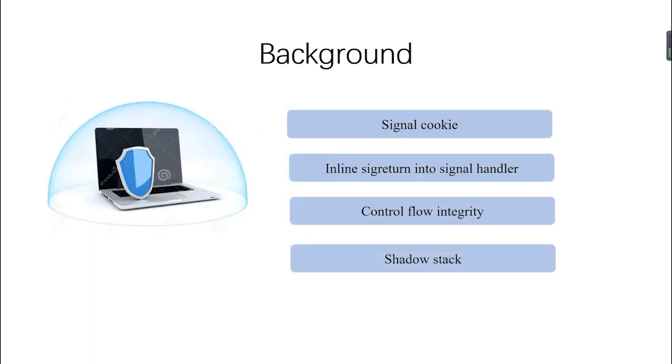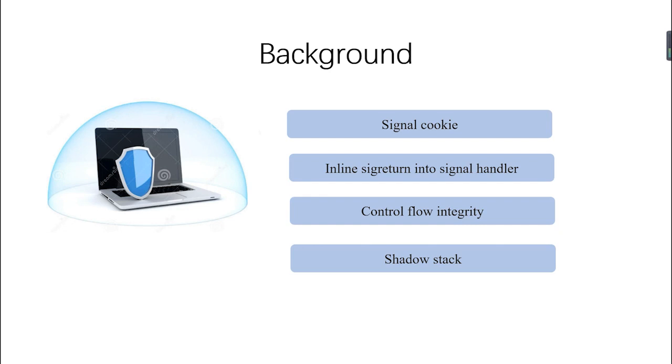In recent years, many defenses have been proposed to defend against SROP attack. For example, signal cookies use the kernel to insert a secret value into the signal frame to detect whether the signal frame has been tampered with. A fake signal frame cannot pass this detection.